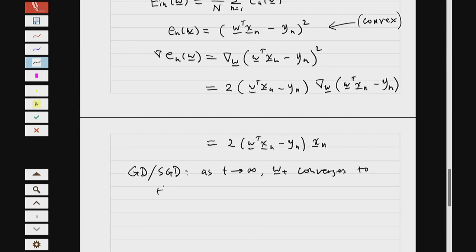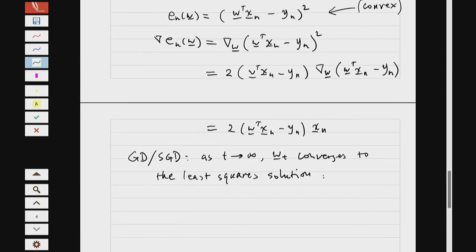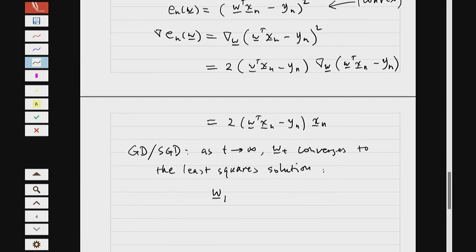We know the least square solution that we derived before is optimal. Remember the least square solution? It is the pseudo-inverse multiplying the output vector y.